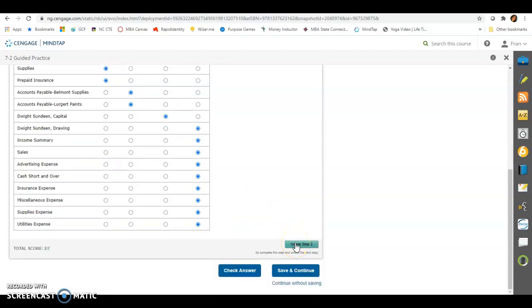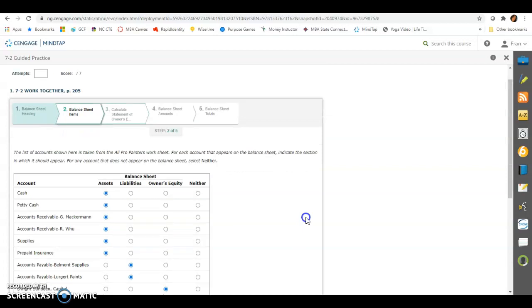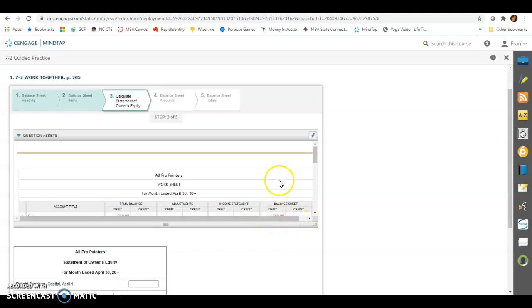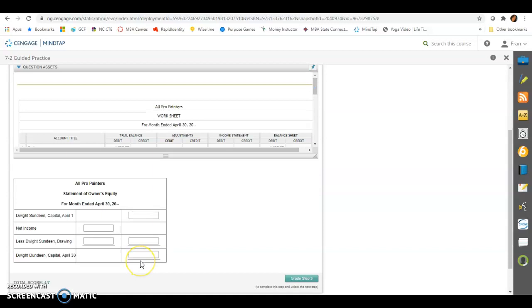All right, so we're good to go to the next step. The balance sheet's going to be a little bit different because we are now going to have to figure out, and this was kind of the mystery when we were figuring out the owner's equity for the worksheet, the statement of owner's equity.